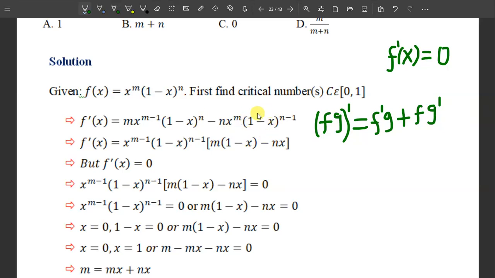Then by chain rule, let me show you if you have any problem derivating such kind of a function.